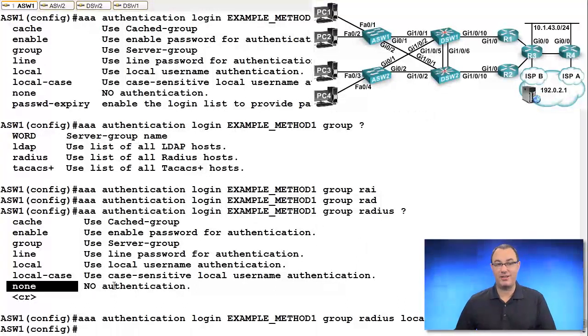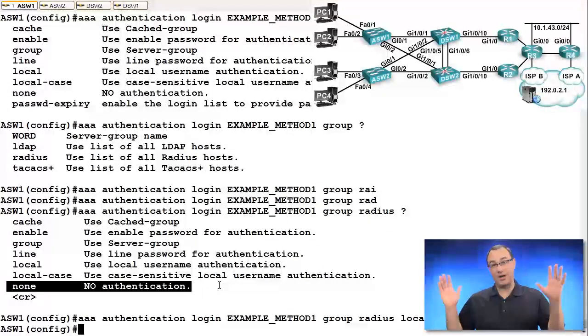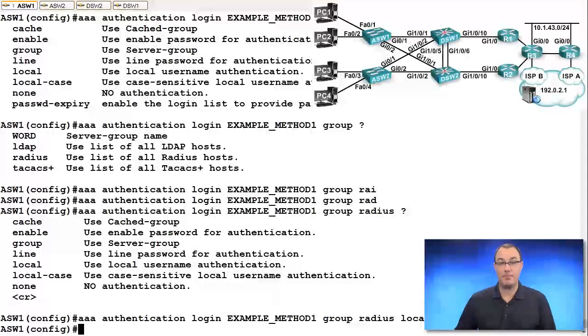None says allow them. We give up. All the services are gone, so we're just going to give them the keys to the kingdom. Please remember that none is the permit all command. It's the permit all keyword for this structure. It does not say deny. And that is very counterintuitive.